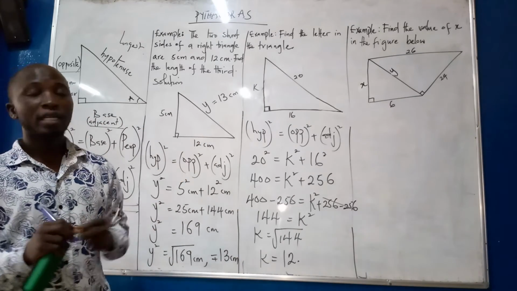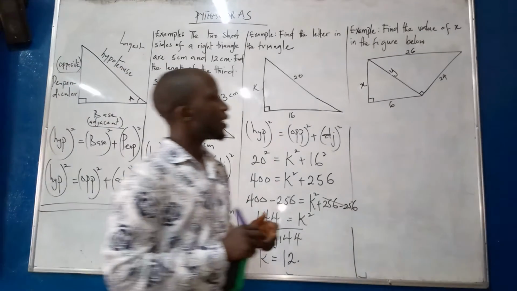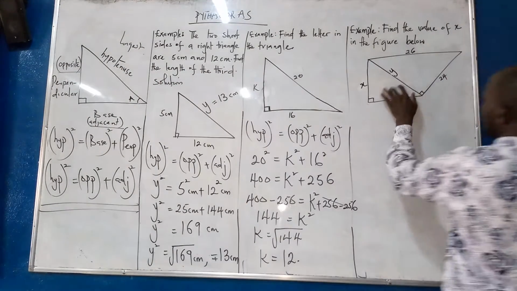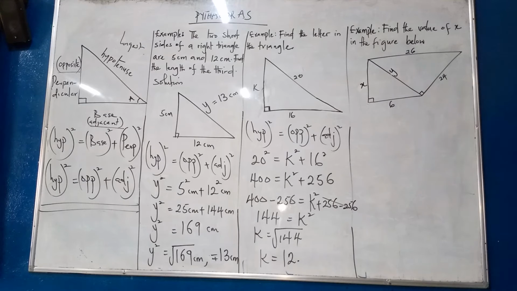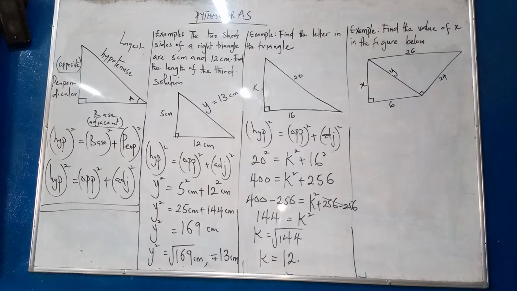Now, we're going to look at the third example, and it has two right angle triangles. We're going to look for y before we look for the letter x.